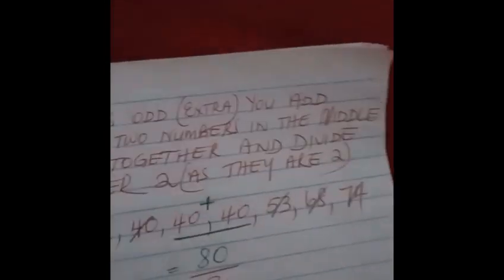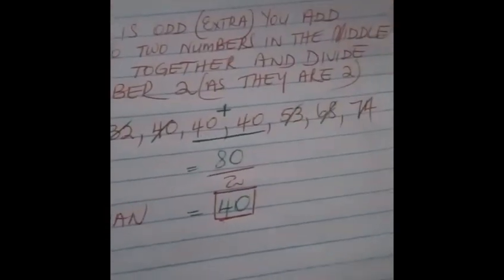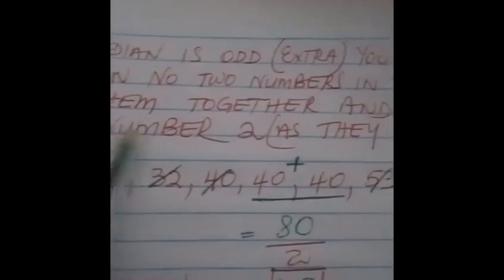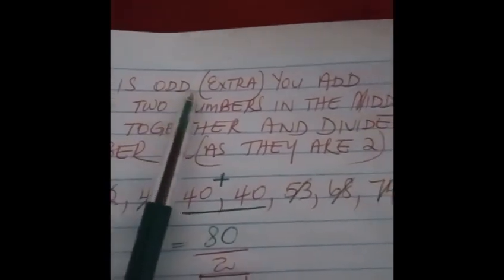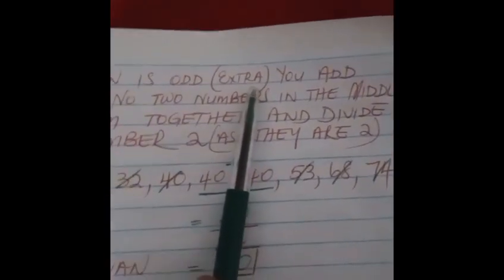Can we proceed to check or to know when the median is odd? When the median is odd, it means there is an extra number.